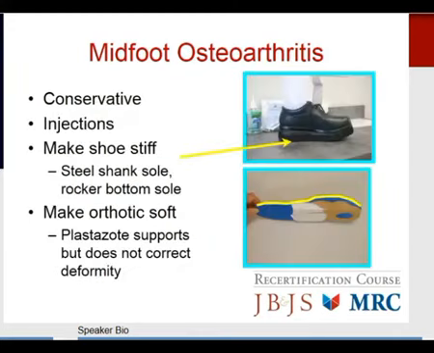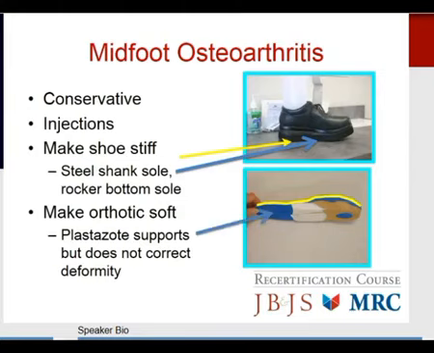If we look at conservative care, again, we're talking about foot arthritis. When we have an arthritic condition, we want to make the sole of the shoe stiff. It has no bending stress about it, which takes the compressive stress off of those arthritic joints. However, in midfoot arthritis, we now can add an orthotic, which is not as effective in forefoot arthritis.